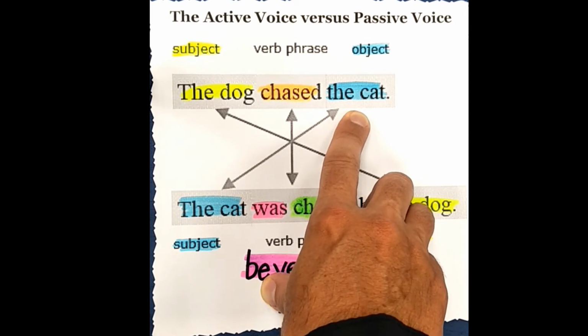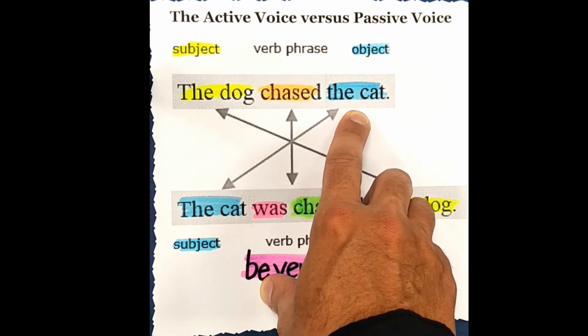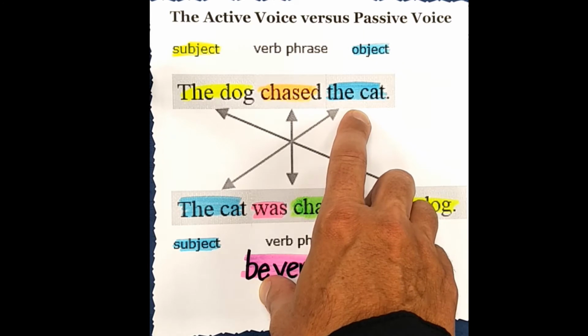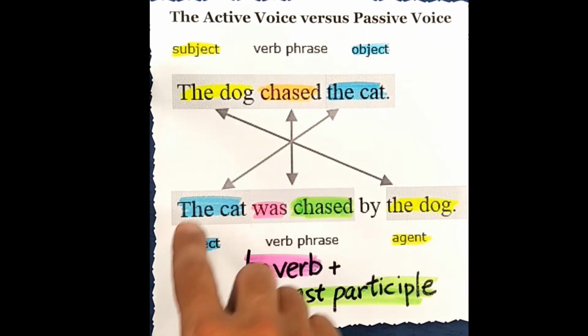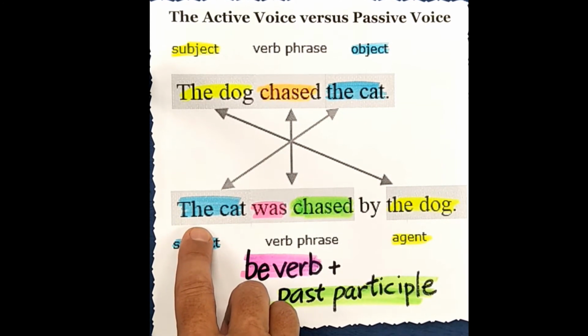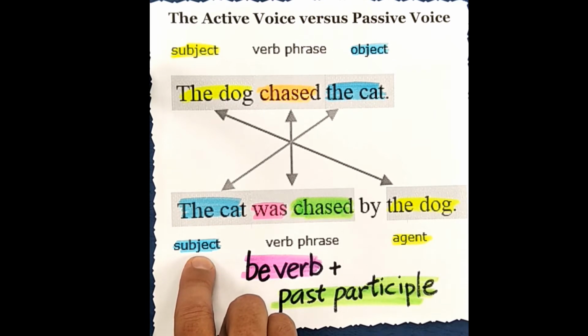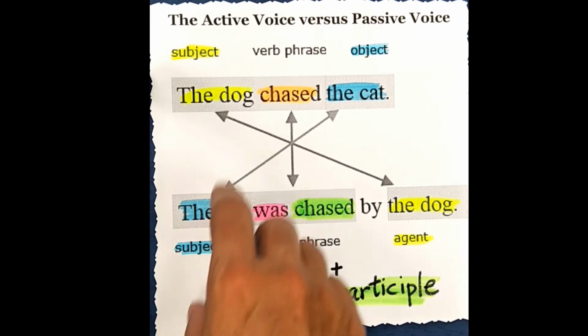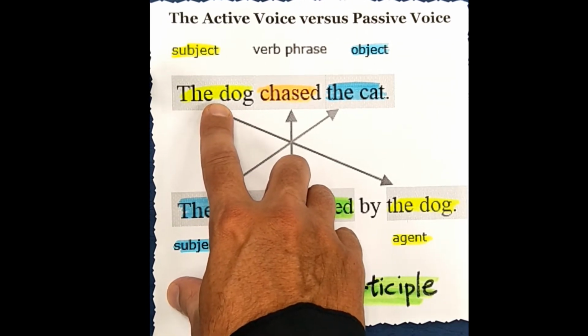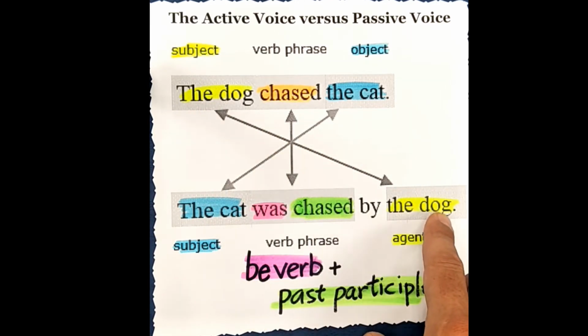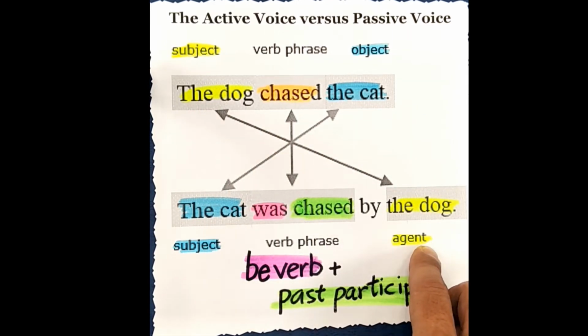Now I want to change this into a passive voice sentence. So the cat comes up front and becomes the new subject. The subject goes in back and it becomes the agent.